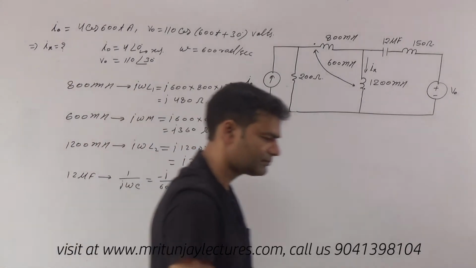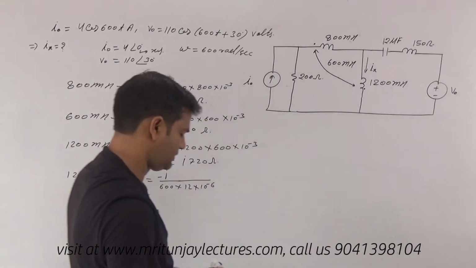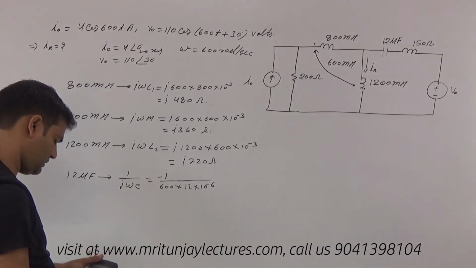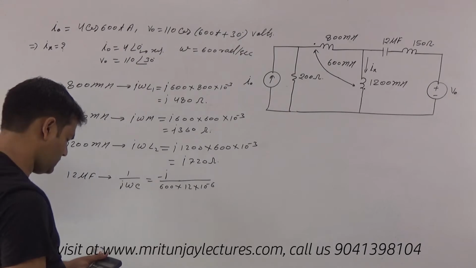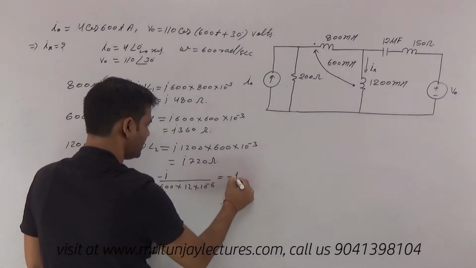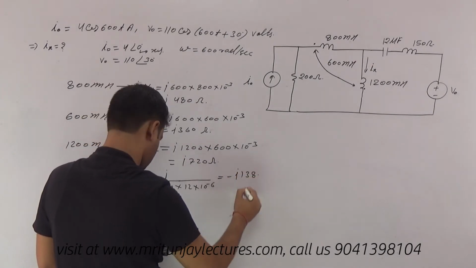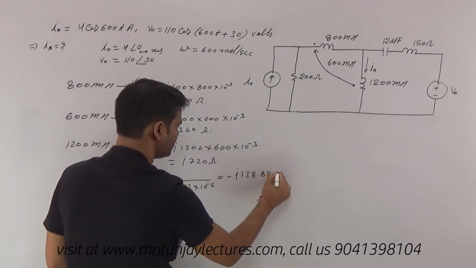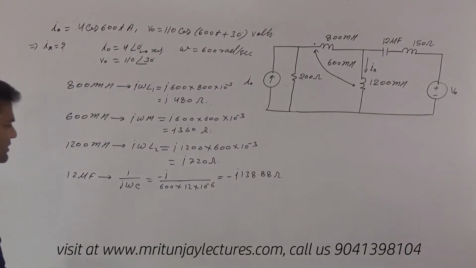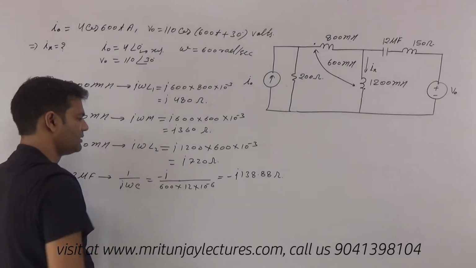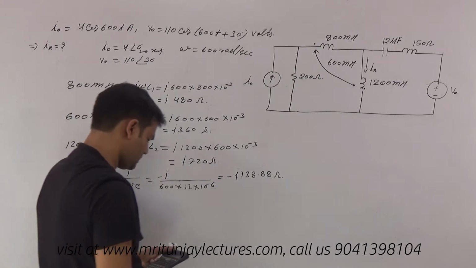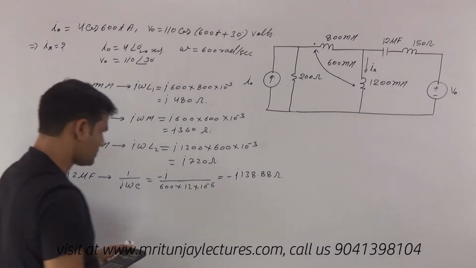So finally 1 divided by this, and the result is minus j138.88 ohm. Clear?